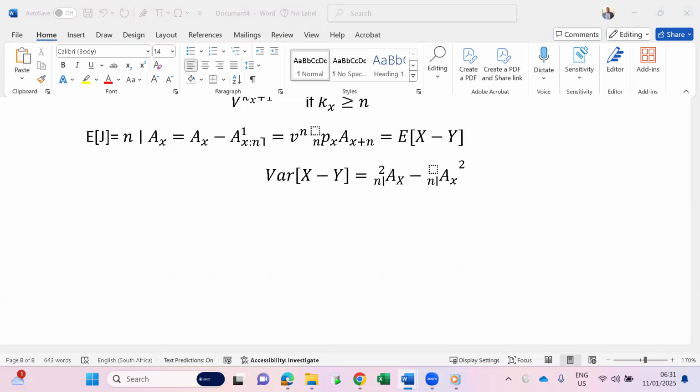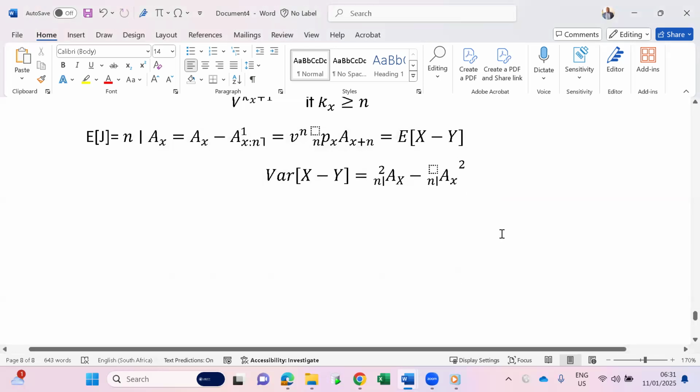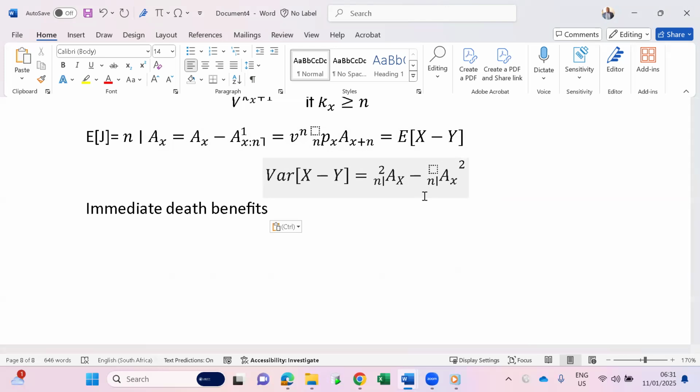Immediate death benefits, so that's where you need to understand some integration. You need to understand your summations, but mostly integration, because you're going to integrate a lot in this space. So we need to know our integration.